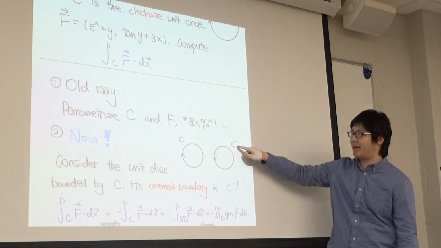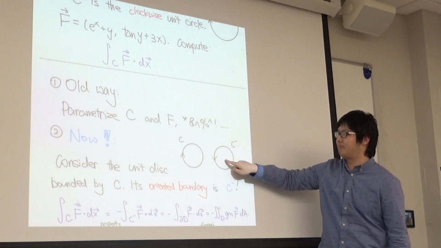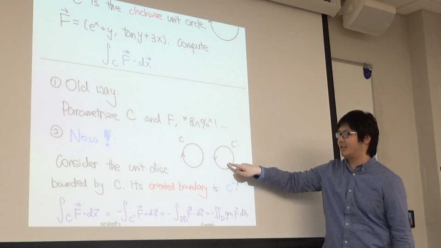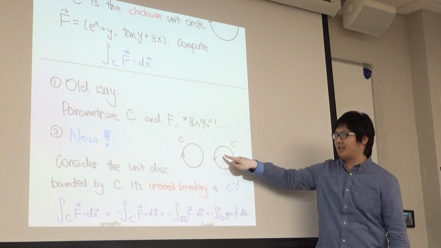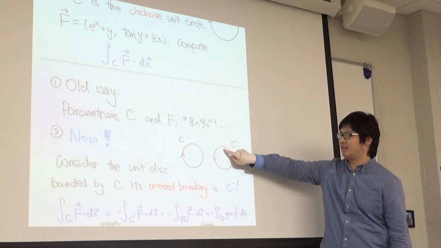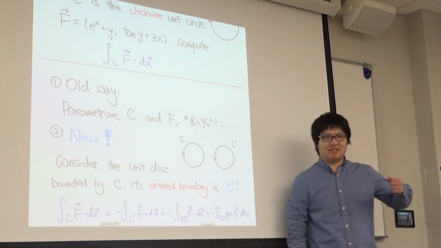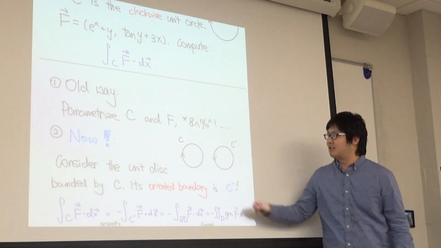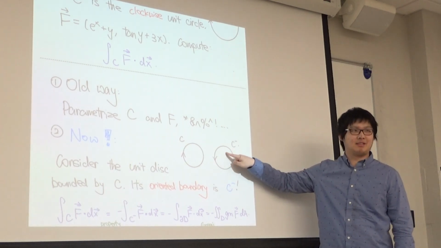So let's take C minus. If we consider the disk here, C minus is actually the oriented boundary of the disk, because if you imagine you are standing on the disk next to this boundary, then the boundary is on your right and the disk is on your left.